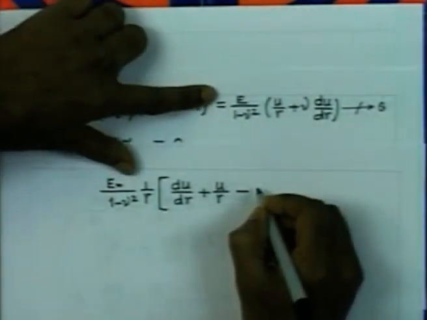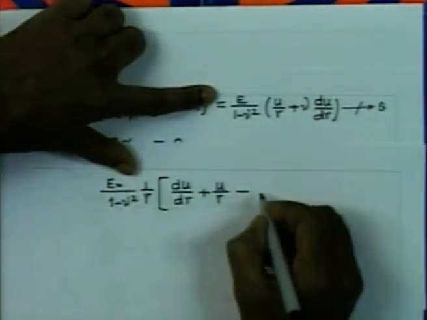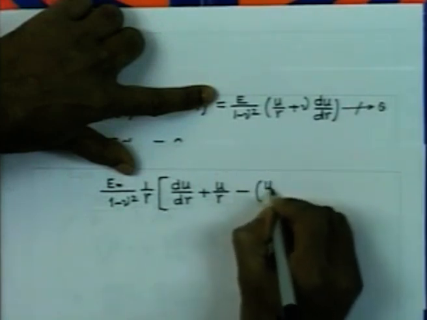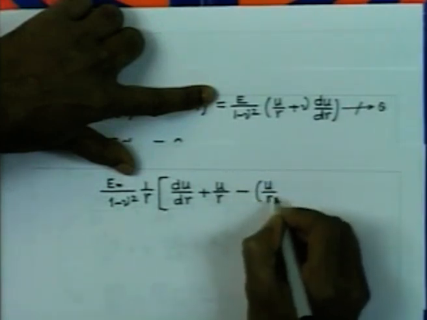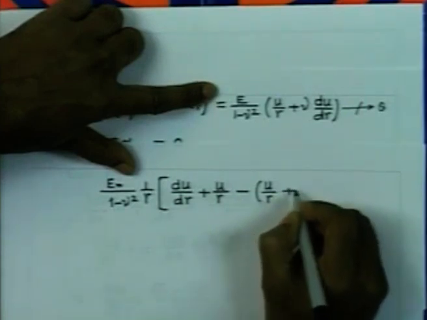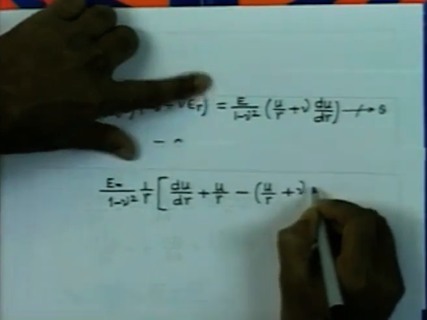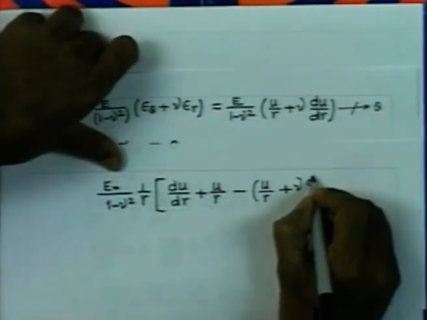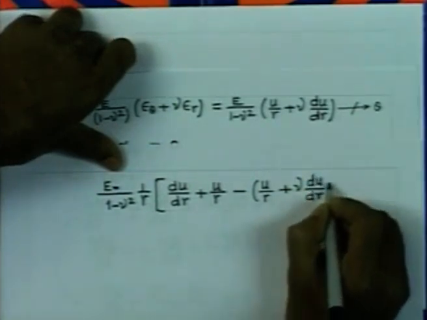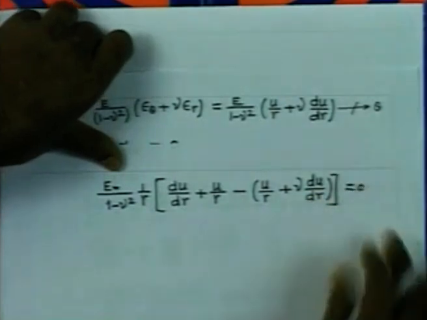So, already E by 1 minus nu square I have taken common. So, it is going to be u by r plus nu times du dr. So, that is equal to 0.